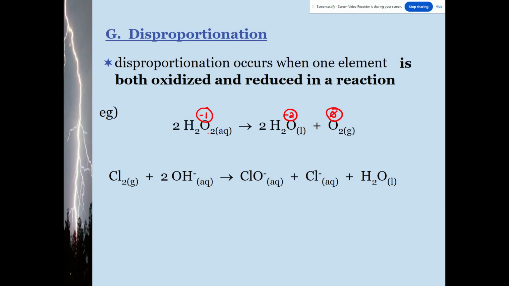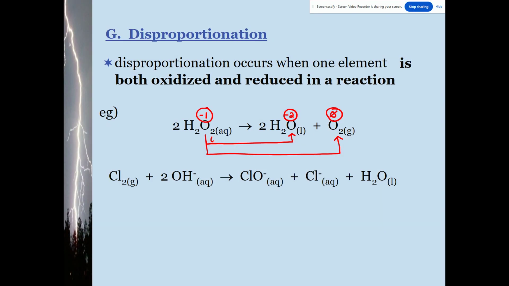So notice how the oxygen decreased in oxidation number when it formed water, and then it increased in number when it formed oxygen gas. Okay? So this means that the oxygen in hydrogen peroxide went under reduction and oxidation.